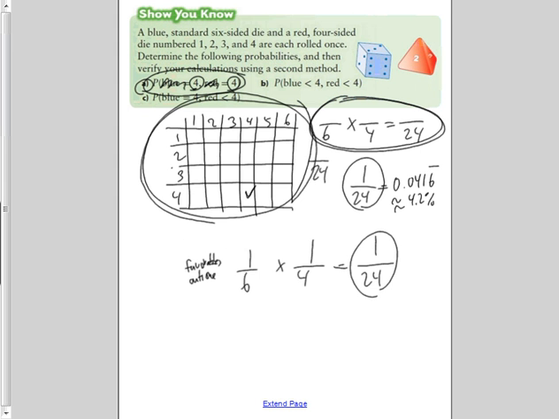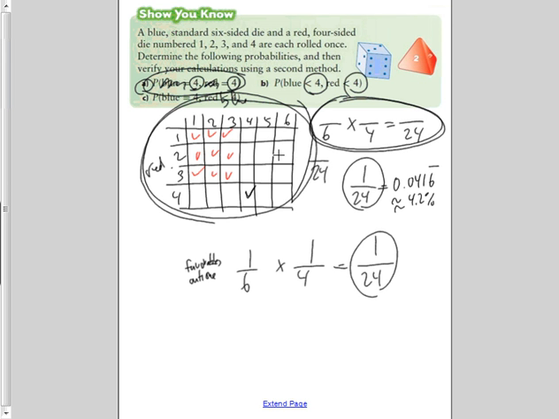Let's look at the second one. The second one says, what's the probability of the blue number less than 4 and the red less than 4? So we'll put red here, just so we remember, red and blue. So blue less than 4, red less than 4. Let's put a red check mark this time in all the boxes. Are all those boxes the only ones that are blue less than 4, red less than 4? Correct?